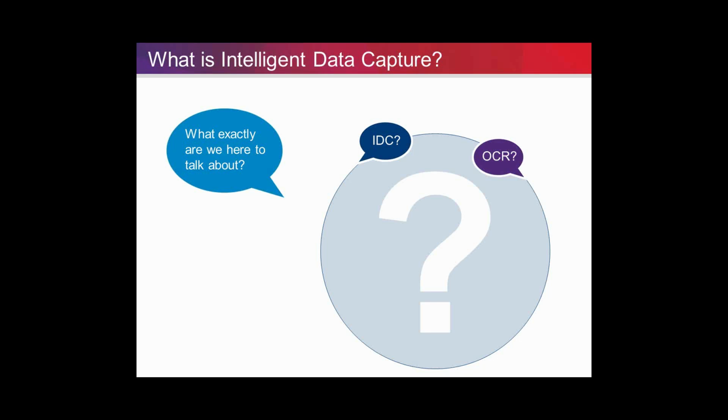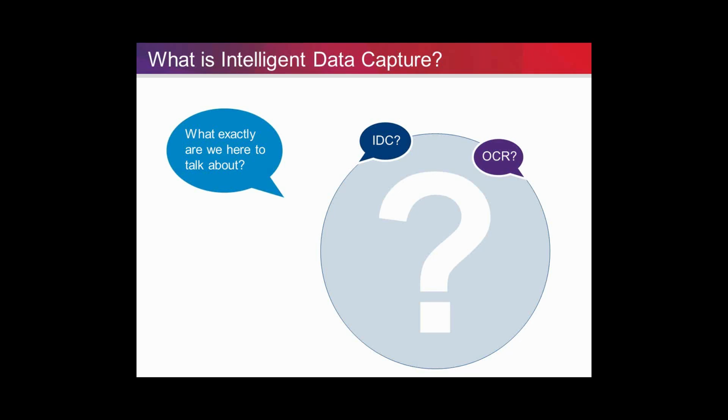OCR is optical character recognition, reading characters off of these documents, converting those characters to text, and doing something with them. But Intelligent Data Capture gets us into a lot of validation, verification, business rules, and it also allows for a setup and configuration of the system that, as we'll talk about in a second, does not require a lot of templates, or any templates at all, actually, I should say.